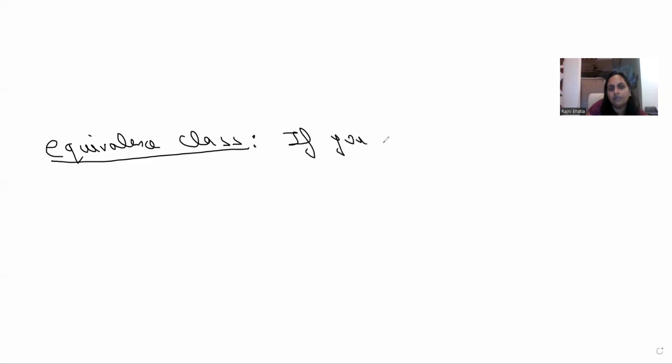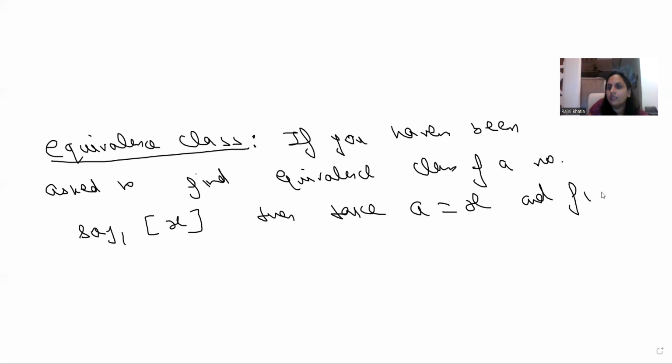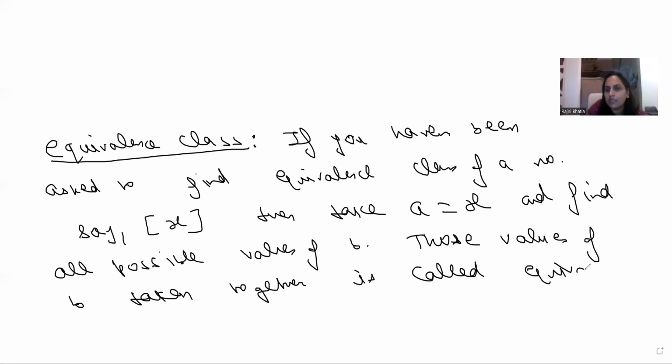If you have been asked to find the equivalence class of a number, say x, then take A as x and find all possible values of B. Those values of B taken together are called the equivalence class of x.